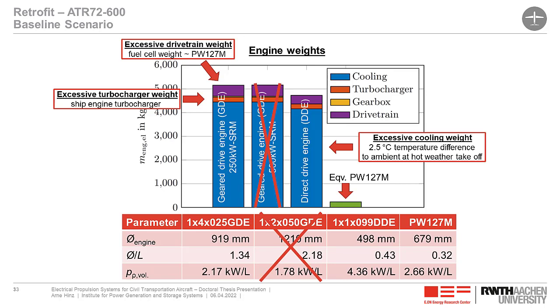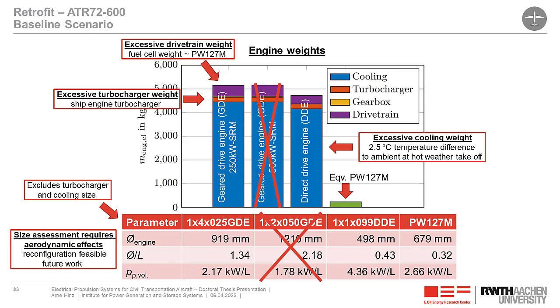So we will focus on the 250 kilowatt SRM based gear drive engine, and we should remark that this size estimation excludes turbocharger and coolings. And we should also have in mind that the actual size assessment needs the effect on the aerodynamic effects of the aircraft. And further, we will be able to reconfigure the gear drive engine.